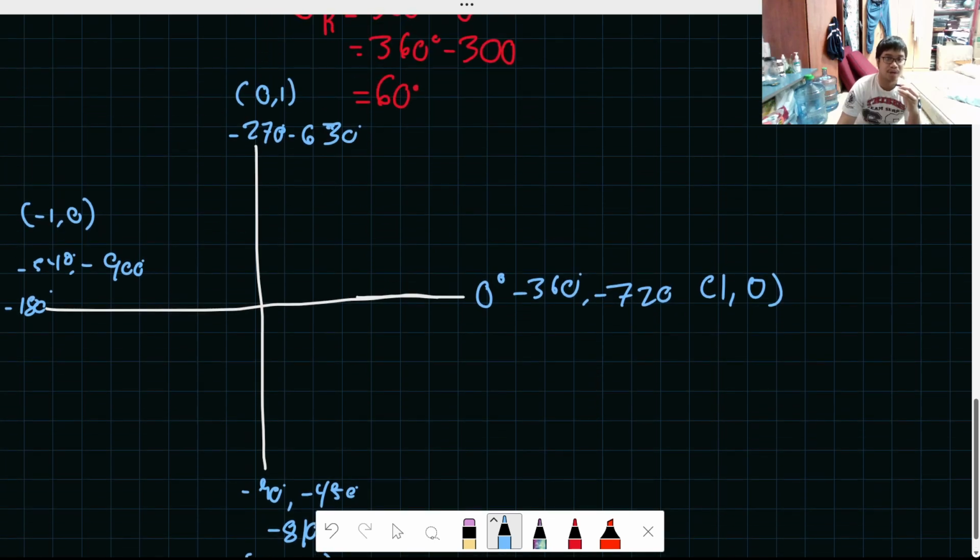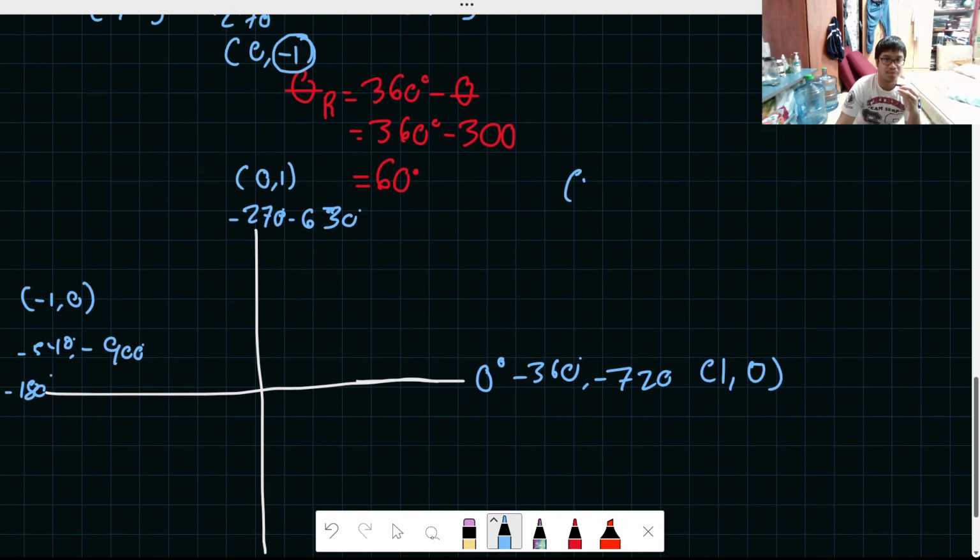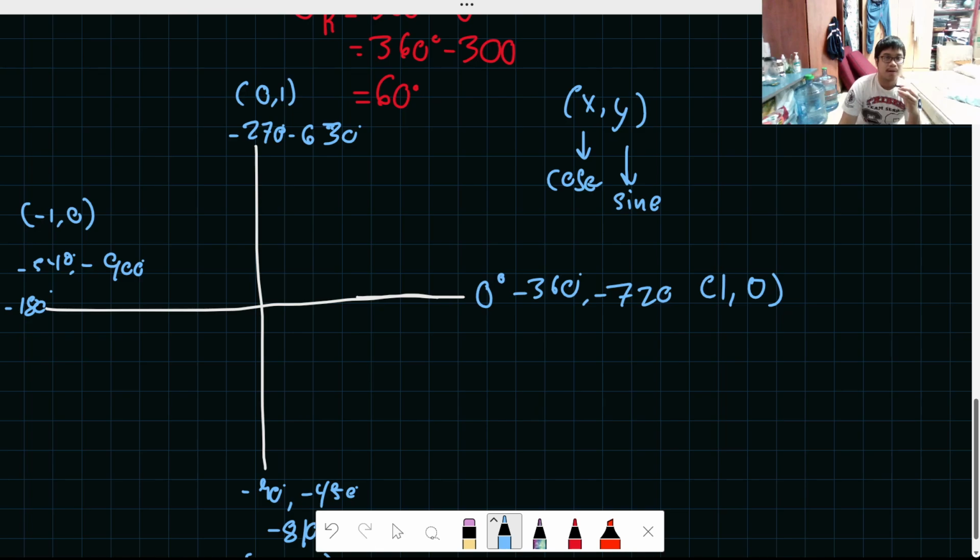Remember that in the ordered pair, x is to the left and y is to the right. Your x is cosine theta, and your y is sine theta. So you see, negative 900 degrees is exactly located on the x-axis, meaning the ordered pair for negative 900 degrees is negative 1, 0.